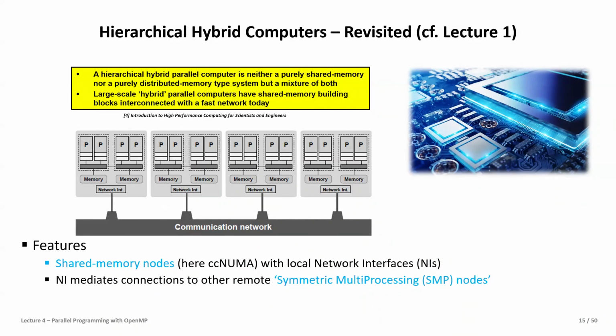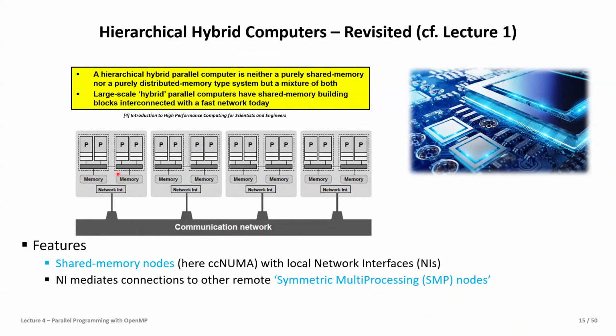Especially when you think about the bigger picture, we said the large HPC systems are programmed in a way that they are more hierarchical hybrid computers. What this means is that you see here nodes where you have a shared memory system. They can all happily access the shared memory.